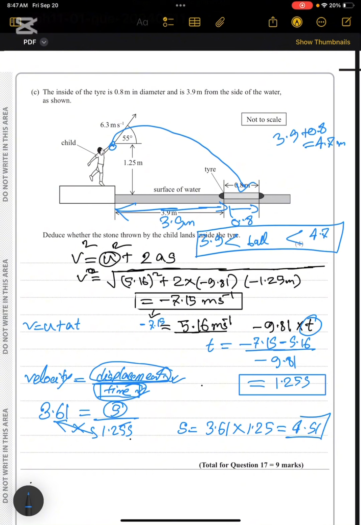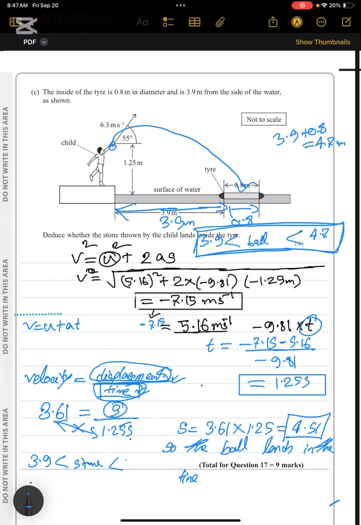As it is 4.51, it is between that displacement range. So the ball lands in the tire. You can write here that 3.9 is less than the displacement, which is less than 4.7. So the ball lands in the tire.